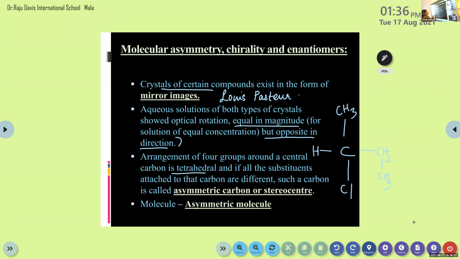And he told that this optical rotation is equal in magnitude but opposite in direction. This asymmetric carbon or stereocenter is considered one of the reasons for optical rotation in compounds. This is clear?